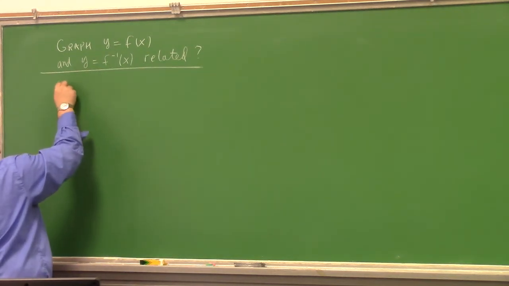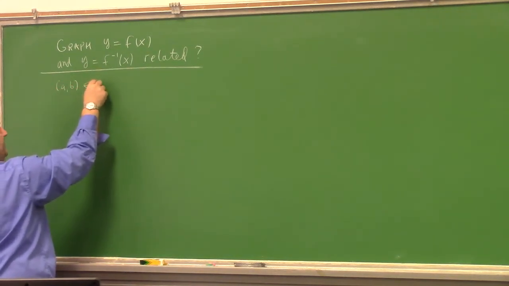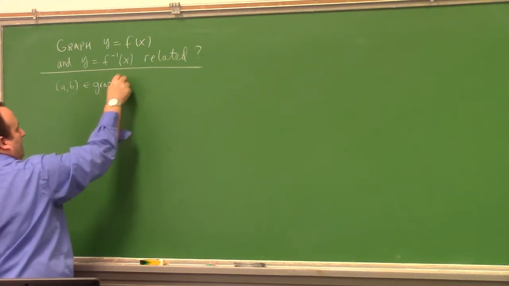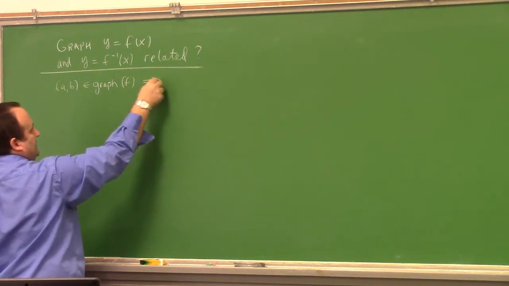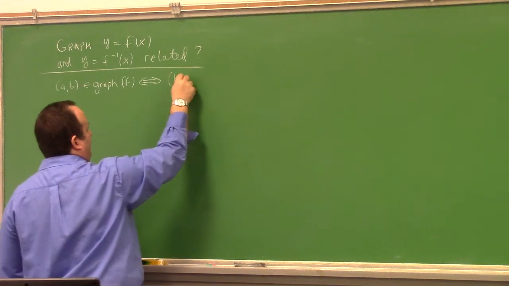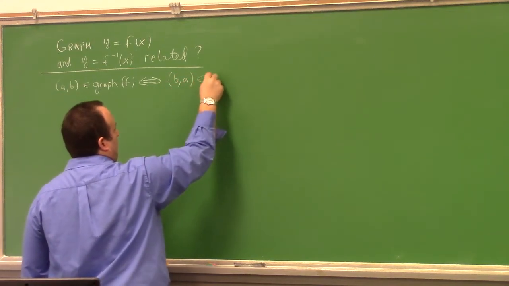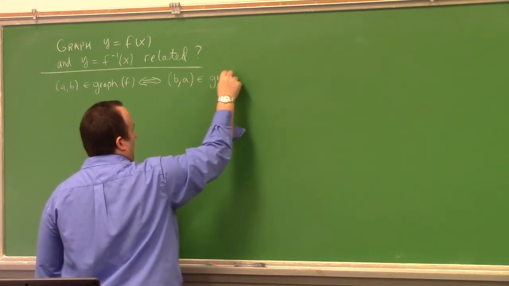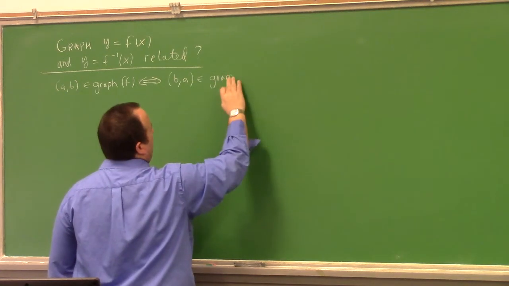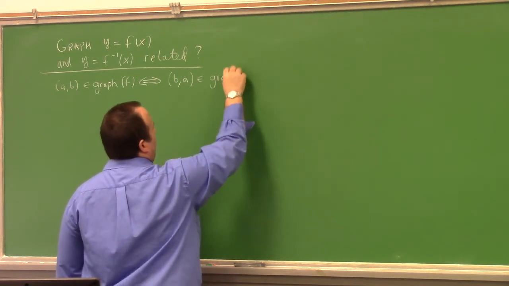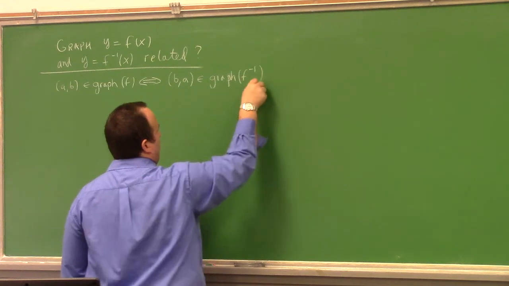If (a, b) is in the graph of f, that's true if and only if (b, a) is in the graph of f inverse.